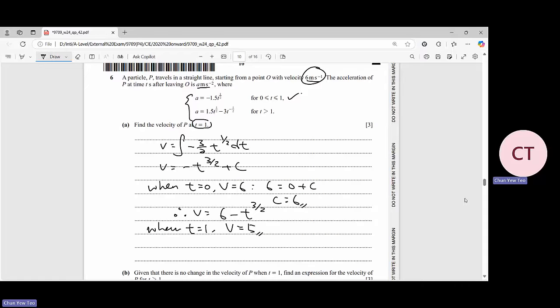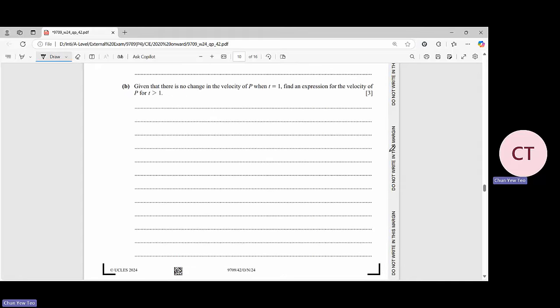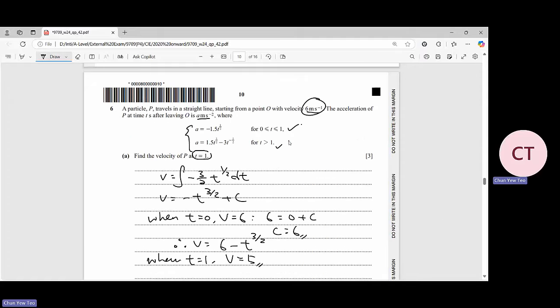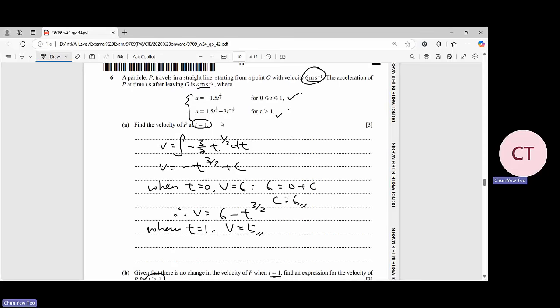Moving on, 6B. Given that there is no change in the velocity of P when t equals 1, find the expression for the velocity of P for t greater than 1. For t greater than 1 is over here. Just now I used the first acceleration to find the velocity because that one includes 1.